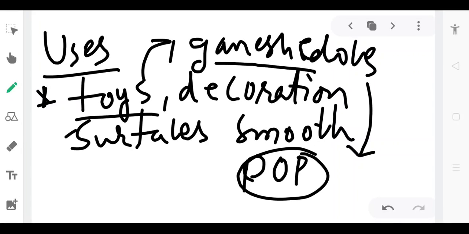Different toys you see in a gift shop, all those made with white material, are made of plaster of Paris. For decoration purposes, and for smooth surfaces: if you touch the surface of idols, it will be smooth. So you can use POP to smooth the surface also. These are some of the uses of plaster of Paris.